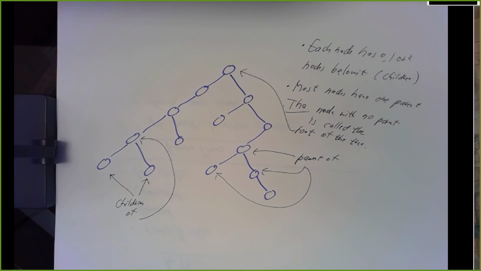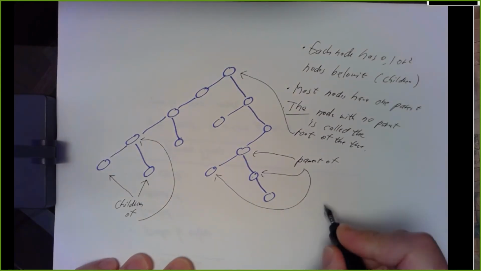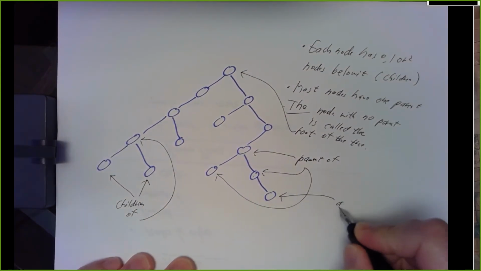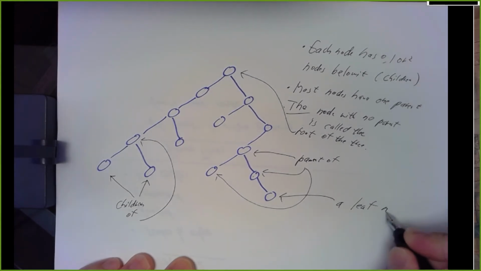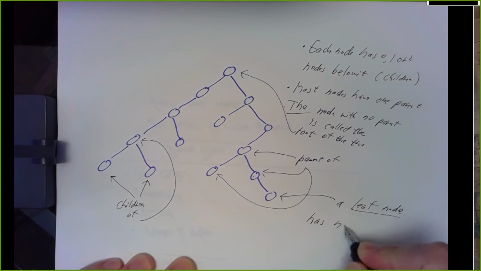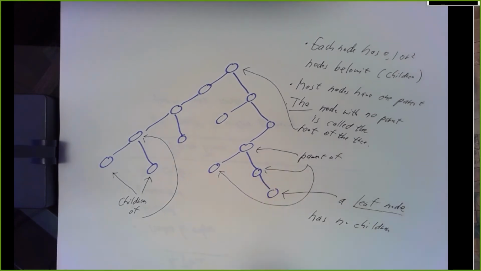All right, so we've got a root node, and then we've got children underneath the root, and we've got children underneath those, and so on and so forth. We also have a term for a leaf node, which is a node that has no children. So it's sort of a terminal spot in the tree.